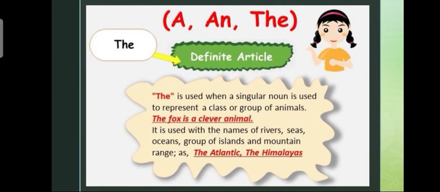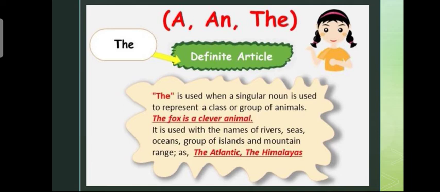The is said to be definite article and it is used when a singular noun is used to represent a class or group of animals. In other words, definite article is used to refer to a particular noun.